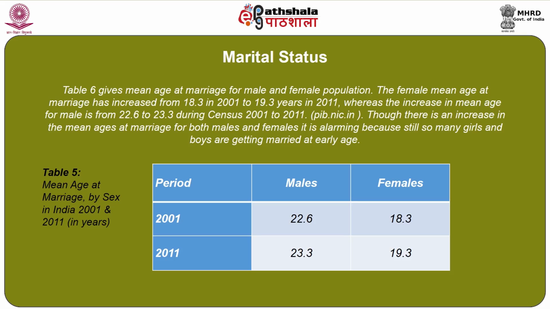Though there is an increase in the mean ages at marriage for both males and females, it is alarming because still so many girls and boys are getting married at early age.